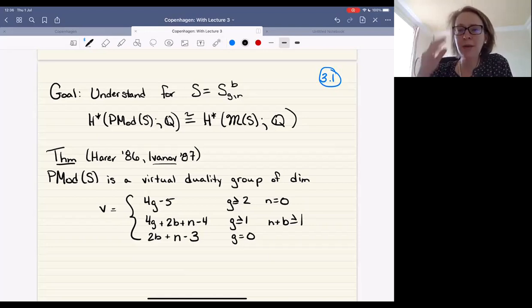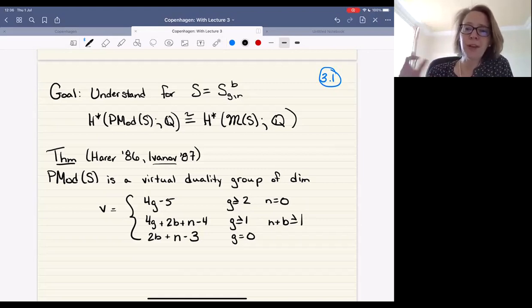What it means, I think, we've seen this a few times now, is that there's torsion in the mapping class group in general, at least in the closed surface case. And so you're never going to be a duality group in the proper sense, but you're going to pass to a finite index subgroup that is torsion free and use that to get your duality structure.